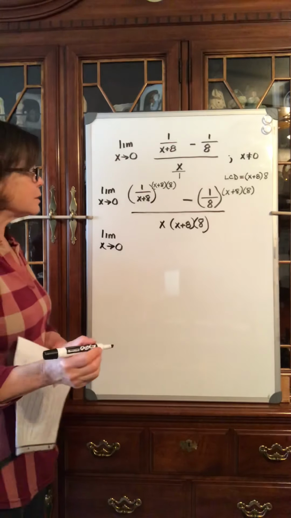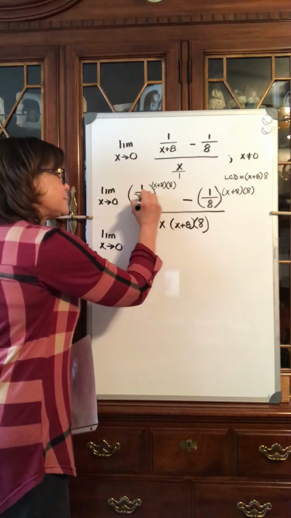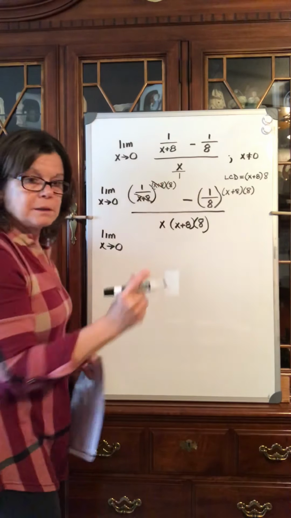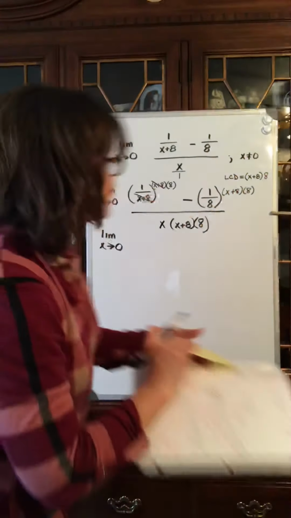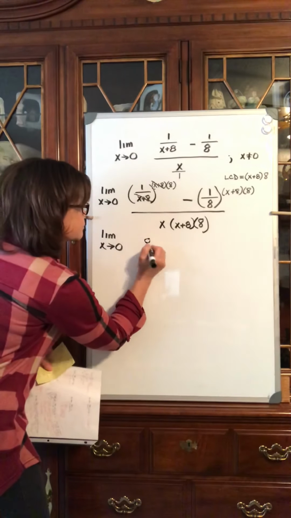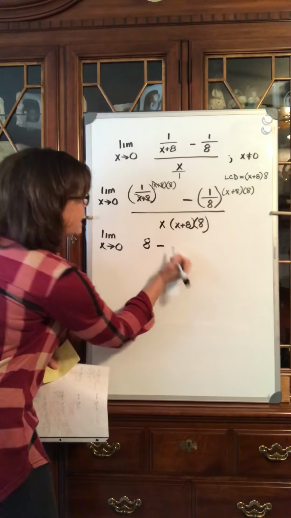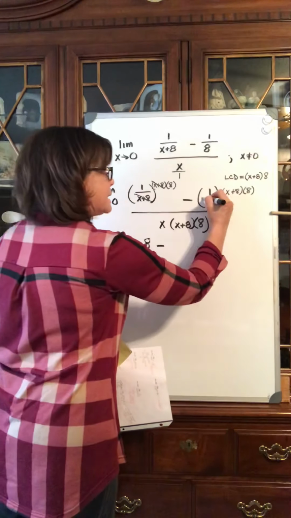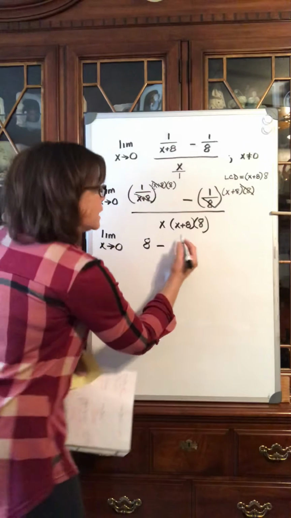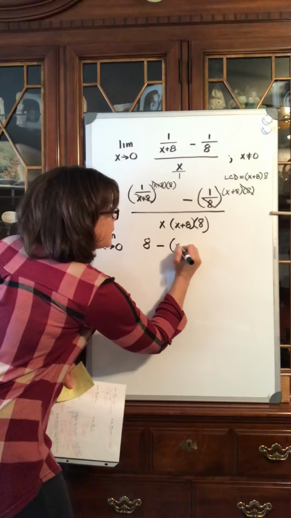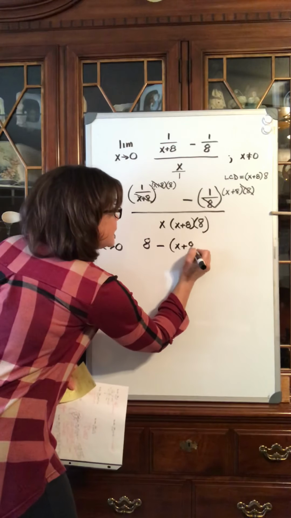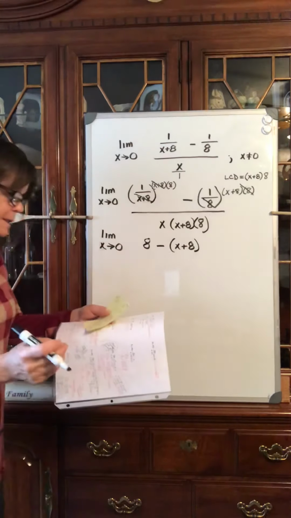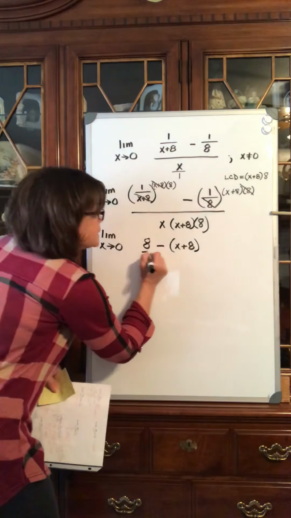direct substitution. So these x plus 8's cancel, and here you're left with just an 8 minus, these 8's cancel, and you're left here with x plus 8. And in the denominator, I'm not going to distribute yet.